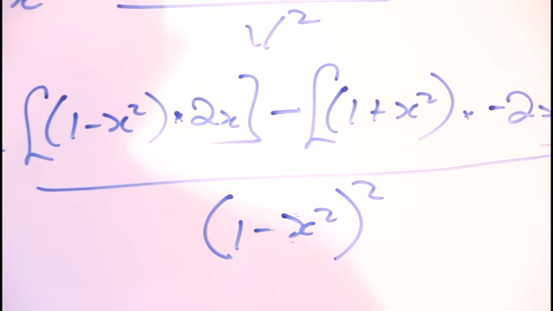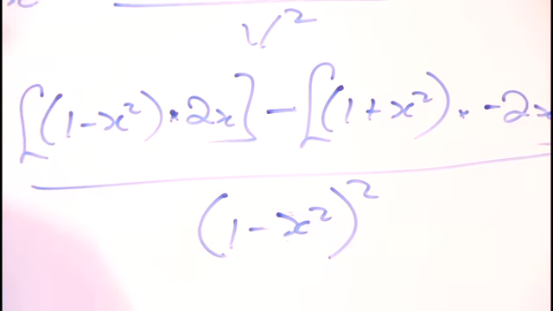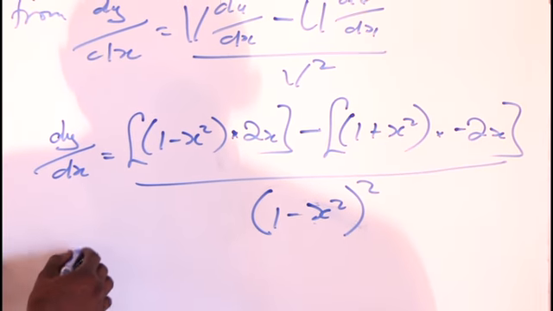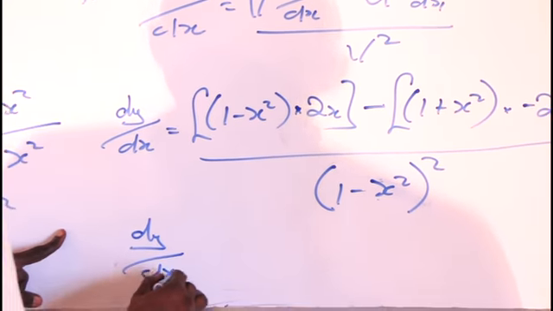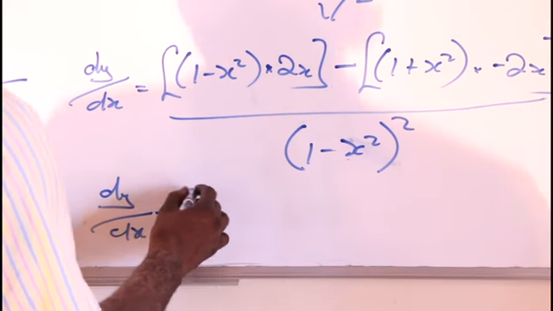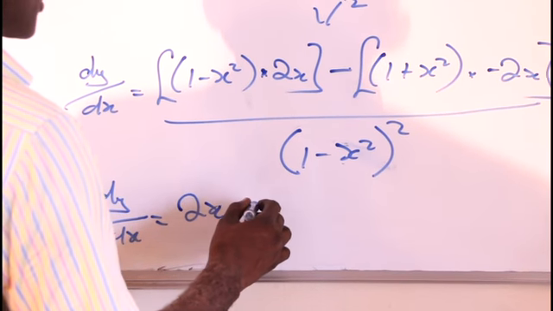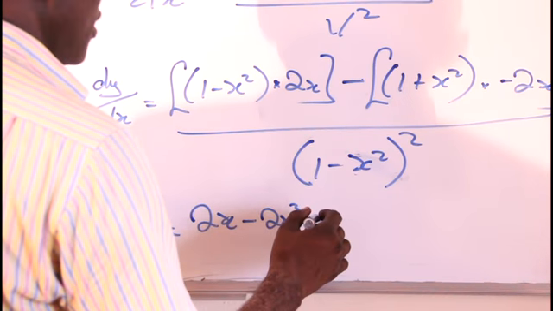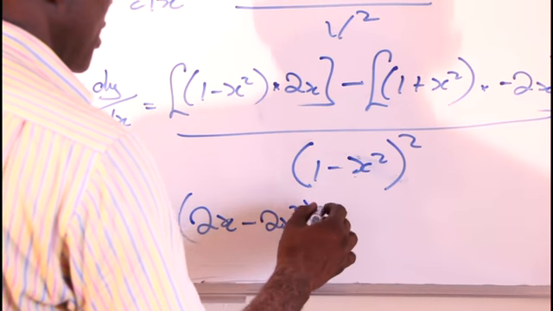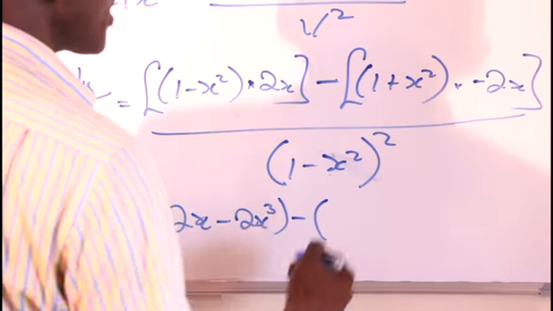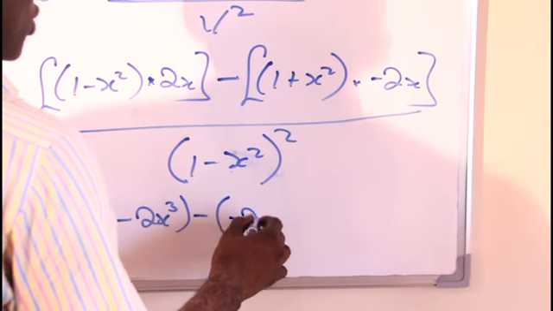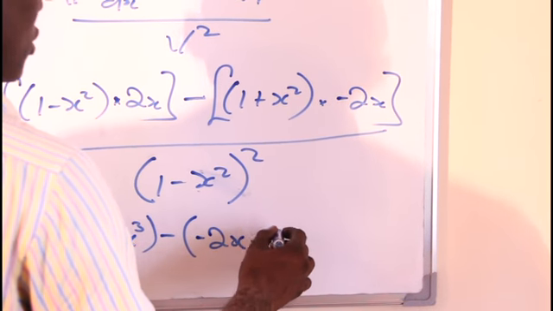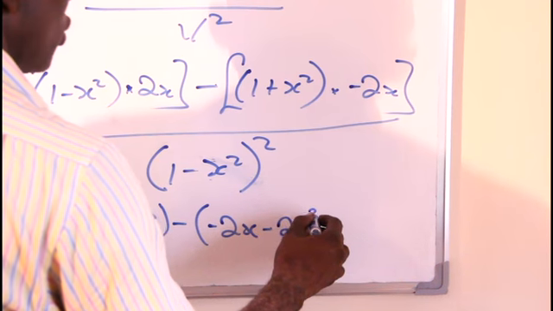As easy as it is. So we've actually gotten our derivative. If you want to simplify further, it's very simple. We'll end up having dy over dx being equal to, so we now have 2x minus 2x cubed, and group like this, we'll have minus, and we'll multiply this, that will give us minus 2x minus 2x cubed.